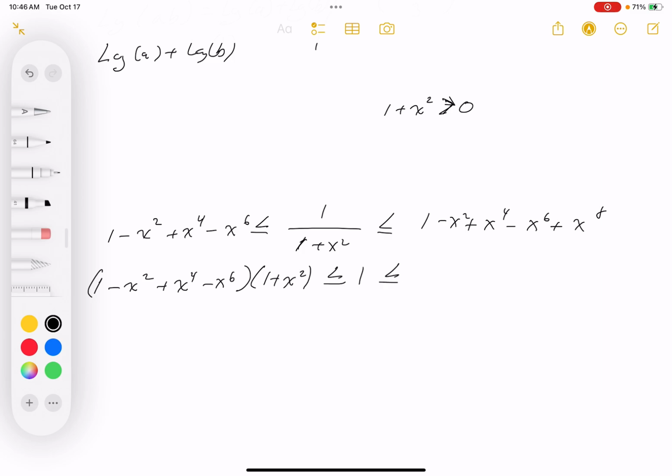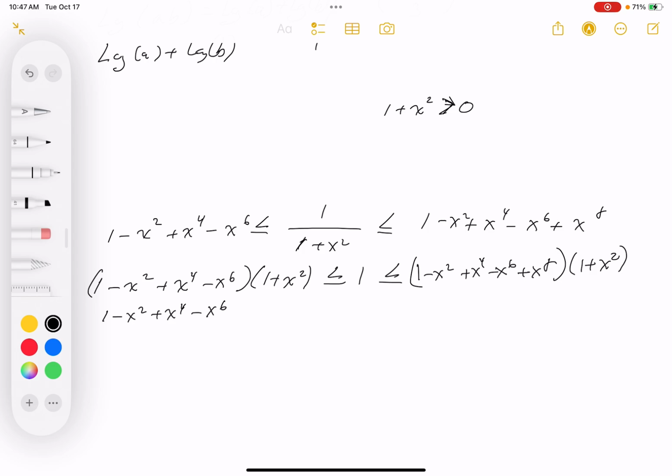This would be 1. And what's this over here? It's going to be 1 minus x squared plus x4 minus x6 plus x8. And again, this may not be helpful, but I'm going to try to multiply it out. And what would you get over here? You would get 1 minus x squared plus x4 minus x6.